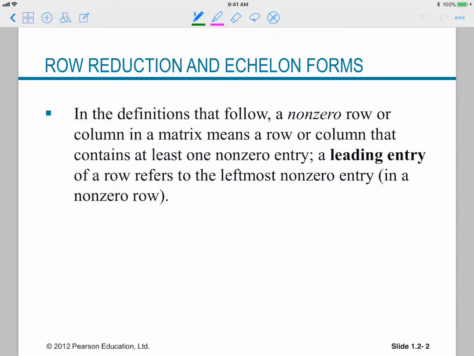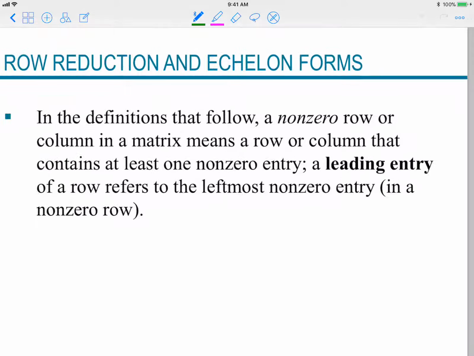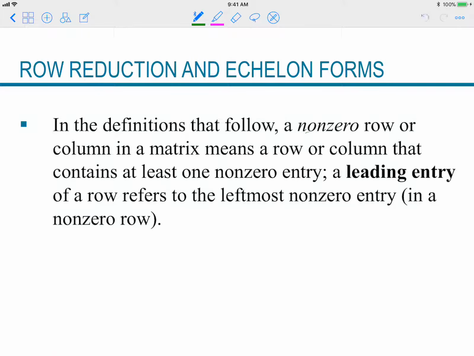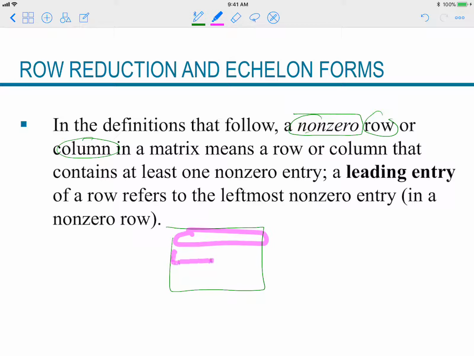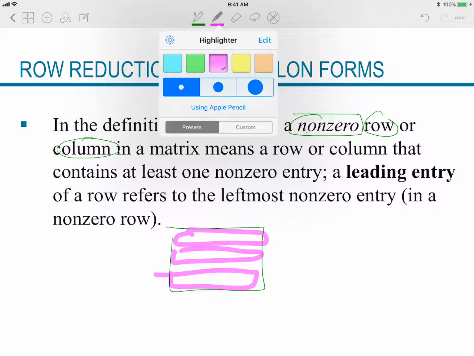So we start by studying a few new terms, or new mathematical notions. The first one is really simple: non-zero row or non-zero column. Given some matrix, a row vector is a horizontal vector, and a column is the vertical one.